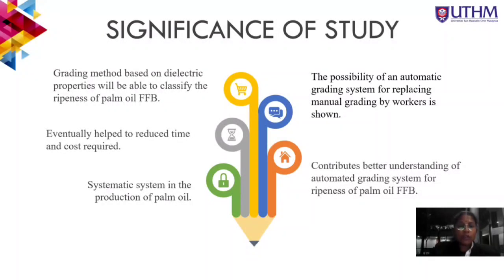The possibility of an automatic grading system replacing manual grading by workers is shown in this study. The outcome of this study has the potential to be used as an automatic grading system in the production of palm oil. This would eventually help to reduce the time and cost required to produce high quality palm oil.